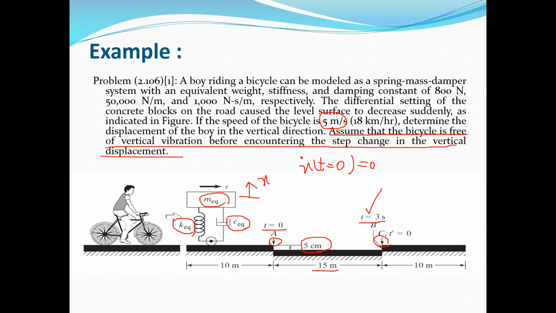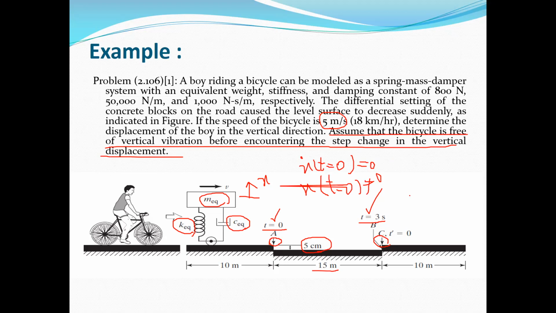So at point A, there is no vertical motion. So x dot at t equal to 0, which is our origin point, is 0. But x at this moment at point A is not 0, and it's equal to 5 centimeter. Okay, so it's not 0, and we need some initial condition to solve this equation.